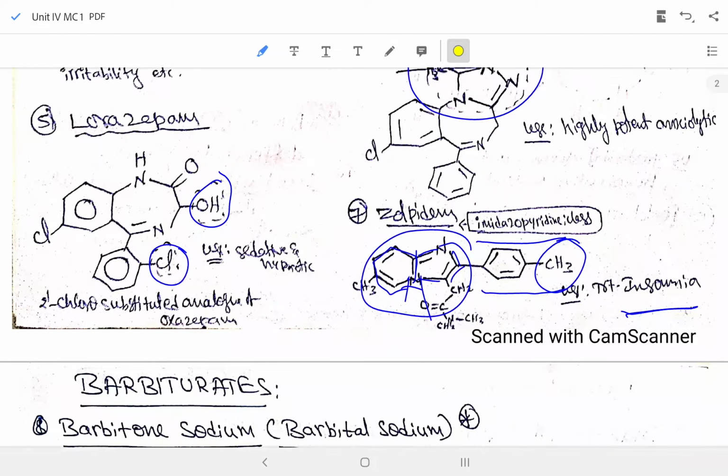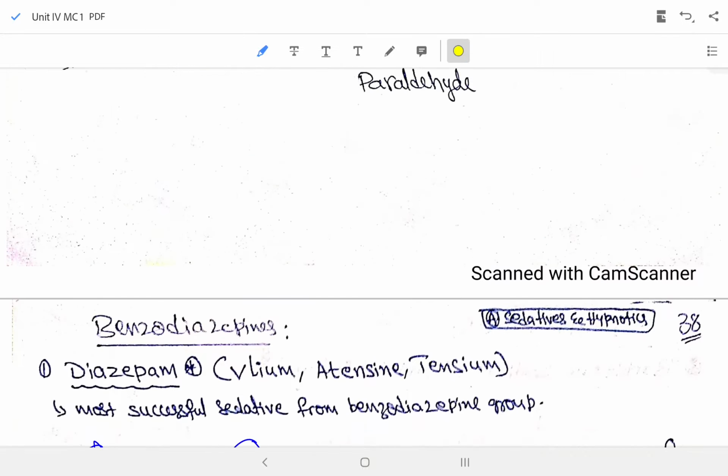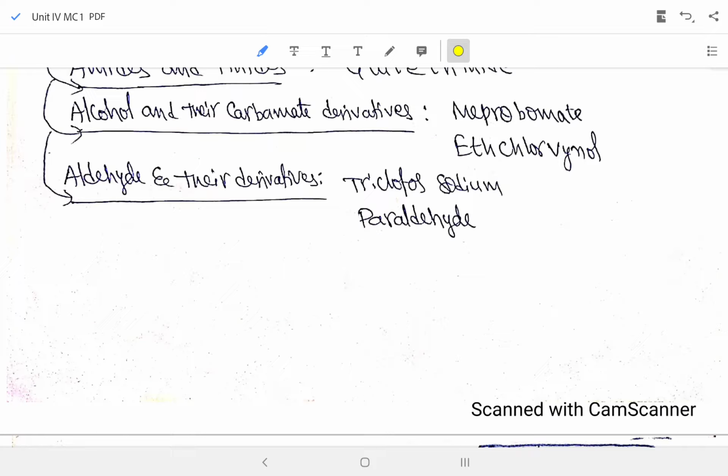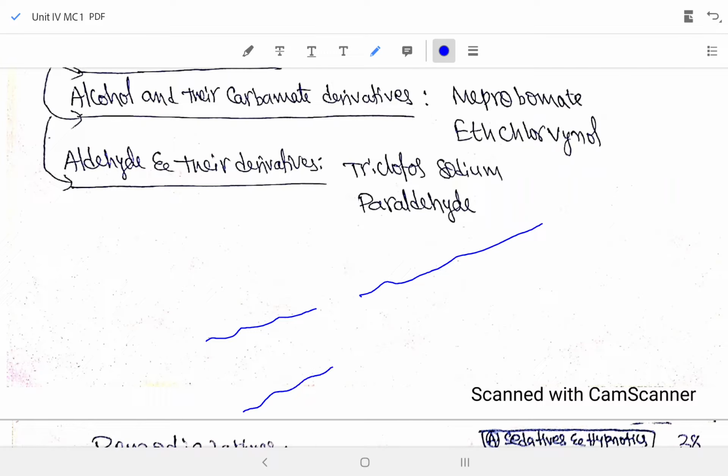Okay. Now let us see the mechanism of action, how they will act. This mechanism of action is the same for the barbiturates as well as benzodiazepines. Inside the central nervous system, the neurons have a receptor called GABA.